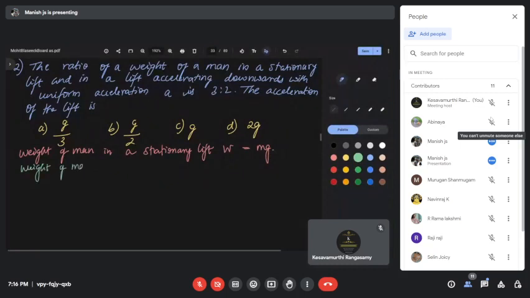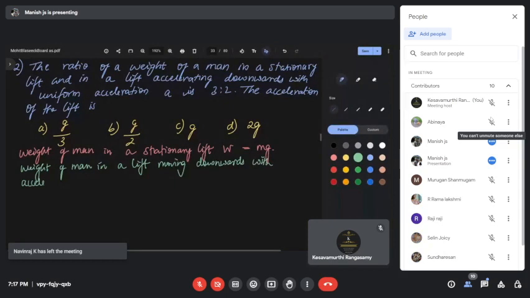No. Weight of a man in a lift moving downwards with acceleration A is equal to m times g minus a.